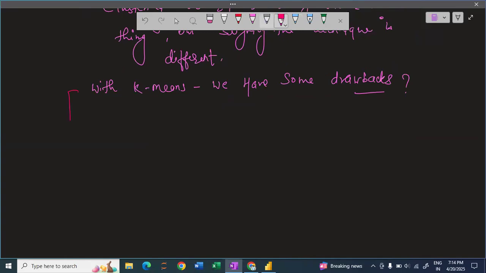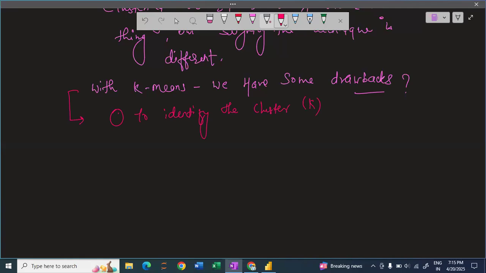The first drawback is the problem of defining or identifying the number of clusters, meaning the value of k. If you don't know your data very well, it's really hard and difficult to decide it.